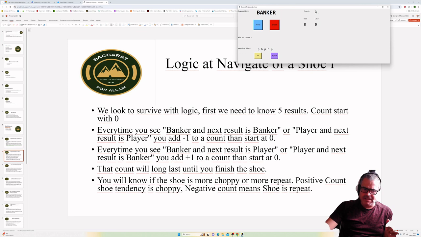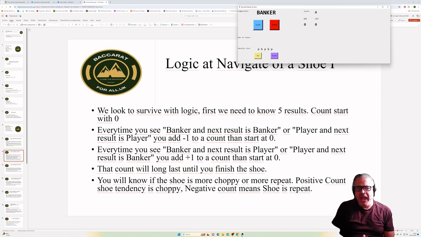What it does is tell you if the shoe is choppy or repeat, and depending on that, it will guide you to find out the dragon tails. If you notice, in this case it says 4.